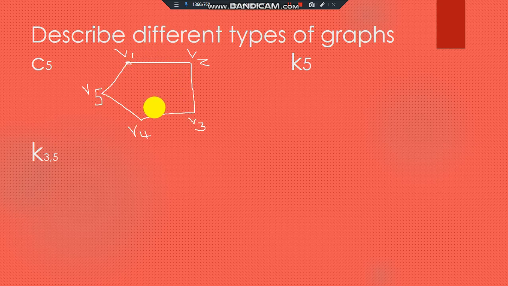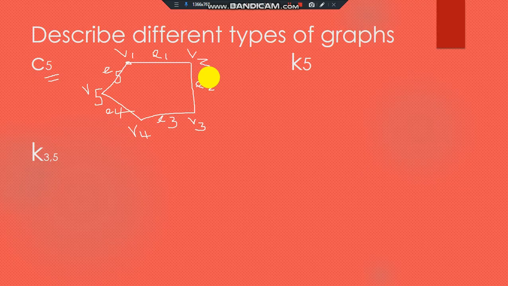So it is a cycle which consists of 5 edges. This is E1, the first edge, this is E2, the second edge, E3 the third edge, E4 the fourth edge, and E5 the fifth edge.